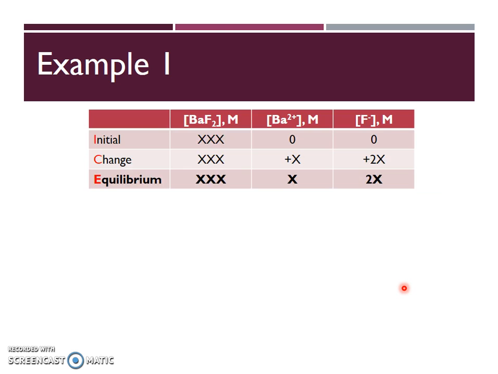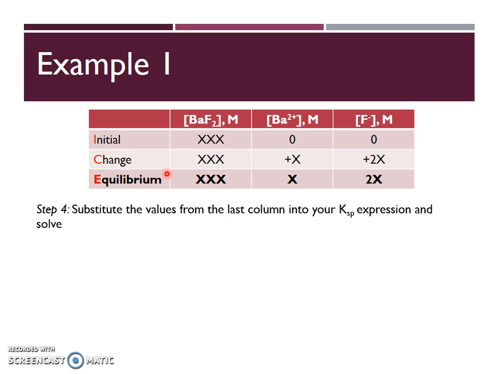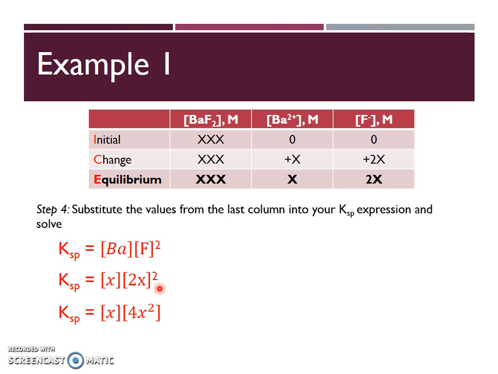The final step is just to substitute the values from the last column of the ice table into our expression and solve for X. So we have X multiplied by 2X to the power of 2, and we do exponents first, so that would give us 4X squared multiplied by X again.